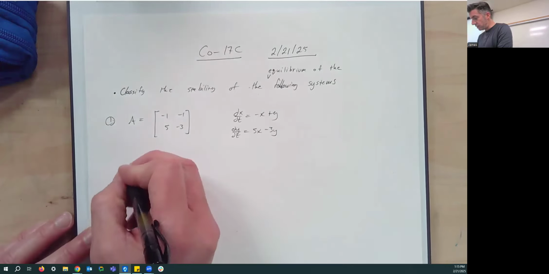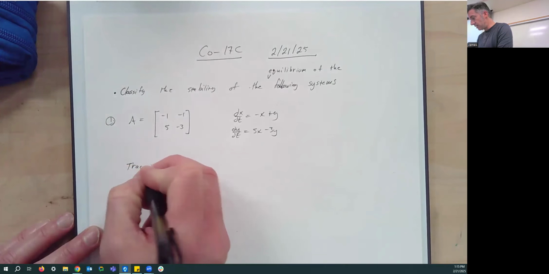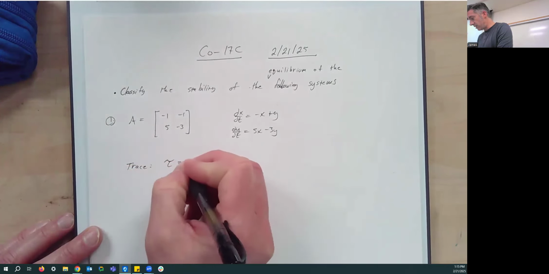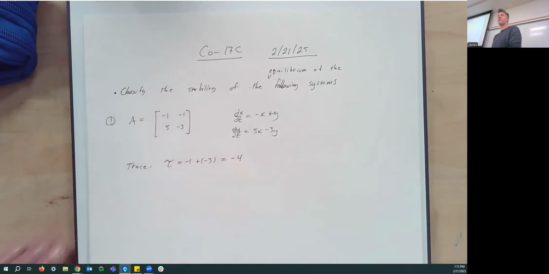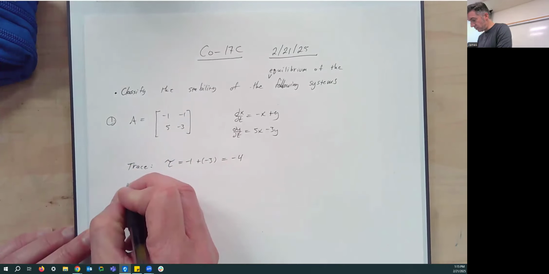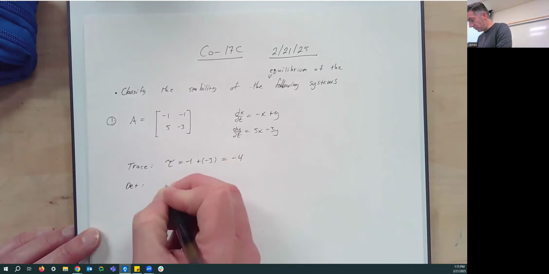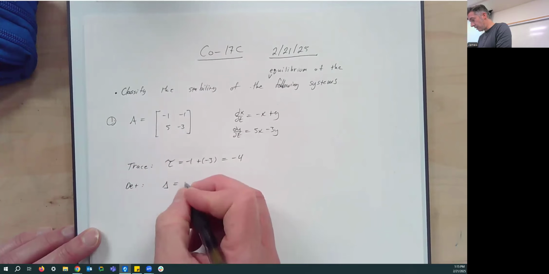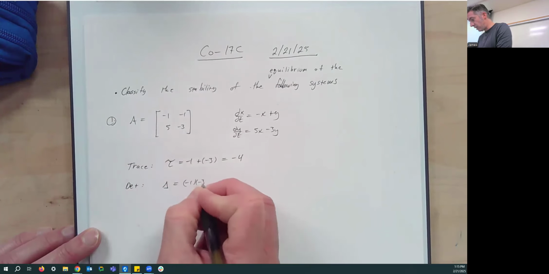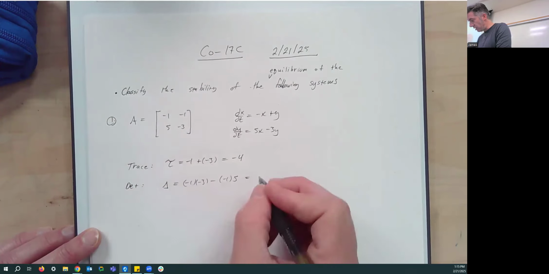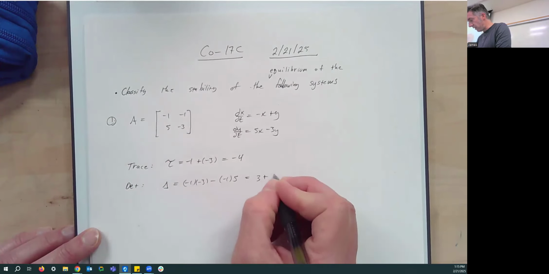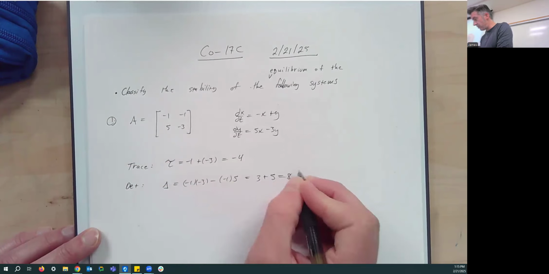So the trace, in this case, we use tau, is equal to -1 plus -3, which is -4. The determinant, which we call delta, is going to be -1 times -3 minus 1 times 5, which is going to be 3 plus 5, which is 8.